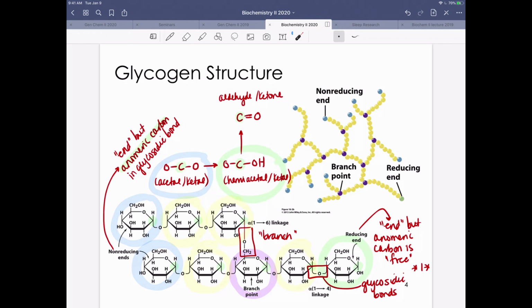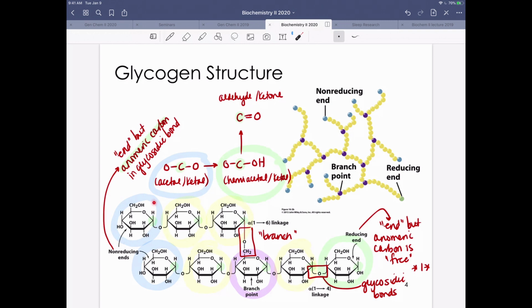So any end to the molecule represents a glucose molecule that's only connected to one other glucose molecule. So it's an end. It's not something that's in the middle of a chain. We're going to talk in a minute about these special ones that are actually connected to three different glucose molecules. But highlighting what we have here, a lot of these ends are blue spheres, which we call non-reducing ends.